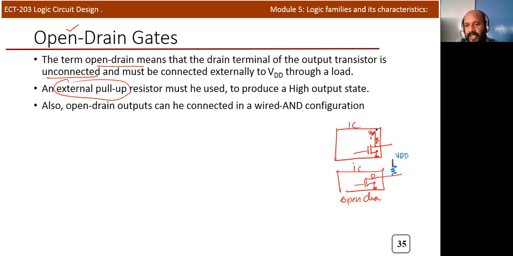So this is internally connected to VDD, and this is external. This external connection is known as the external pull-up resistor, because if the resistor is connected to VDD, it is known as a pull-up. And if any line is connected to ground, it's known as a pull-down resistor.